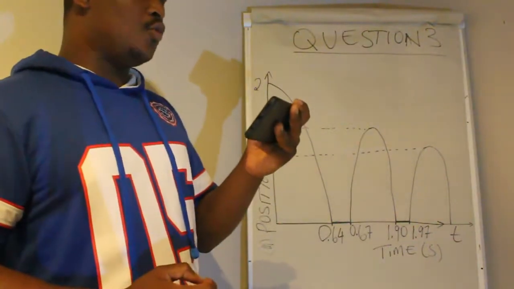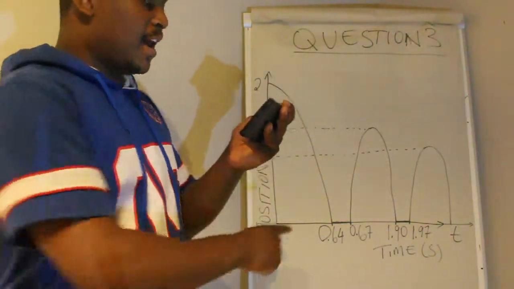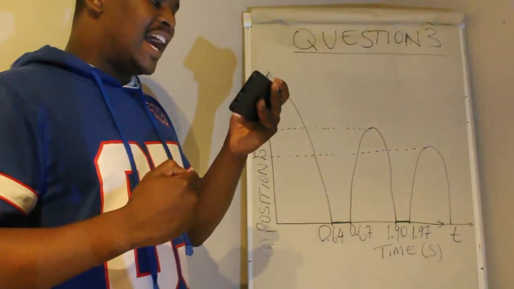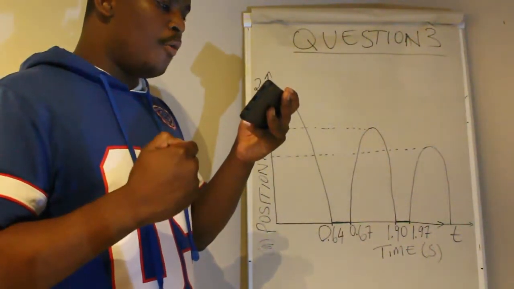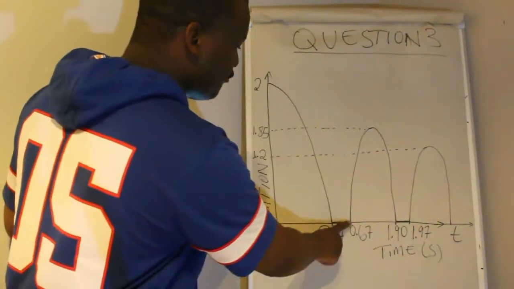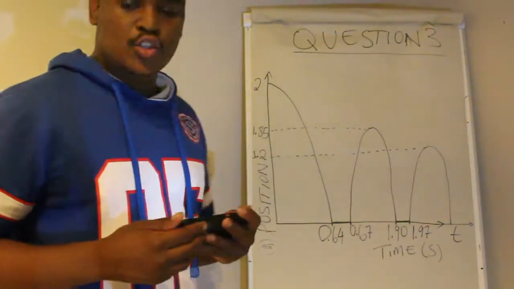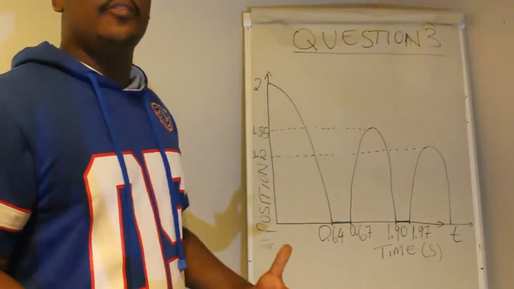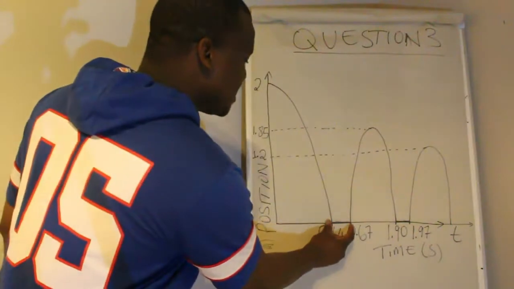So what they are asking you, they are saying use the graph to determine the time that the ball is in contact with the floor before the first bounce. So this is the first bounce, that is the second bounce. So the time that you want is the time in which the ball is in contact with the floor the first time, which is this time here.